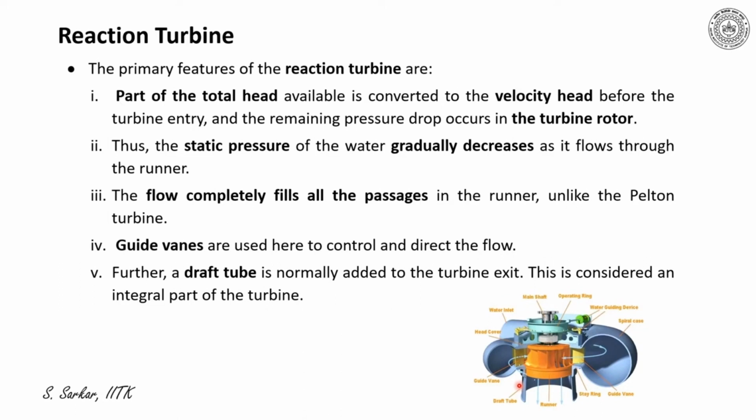Thus, I would like to indicate here the primary features of a reaction turbine. Those features are: part of the total head available is converted to velocity head before the entry to the turbine, and the remaining pressure drop occurs in the rotor.